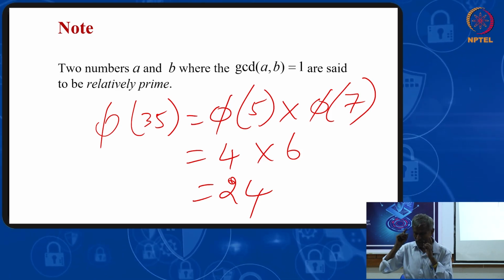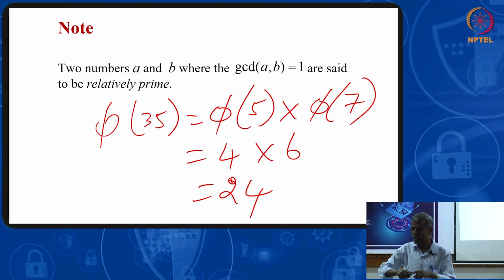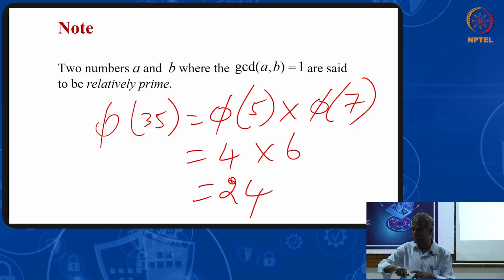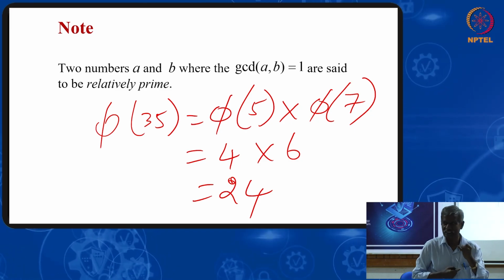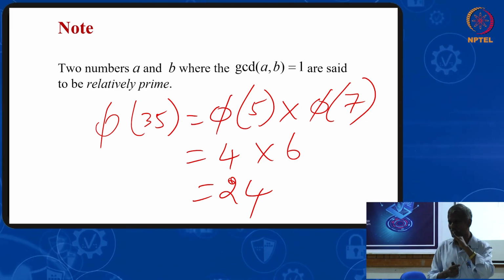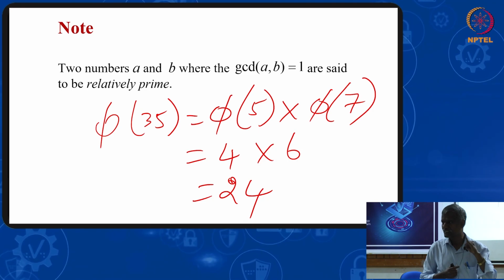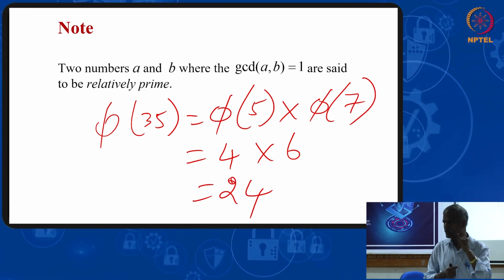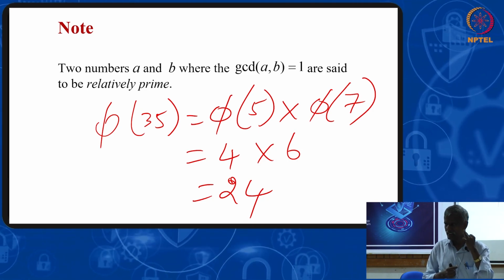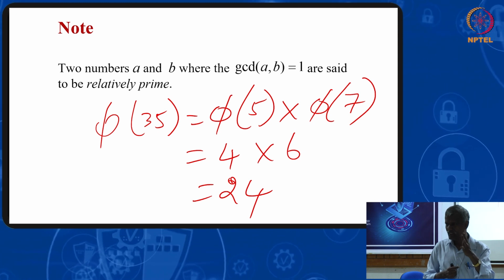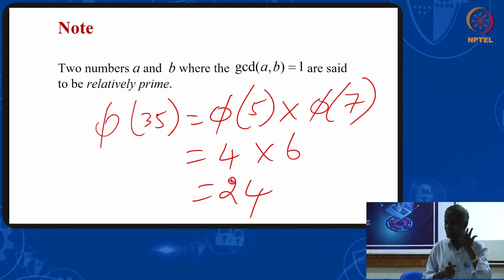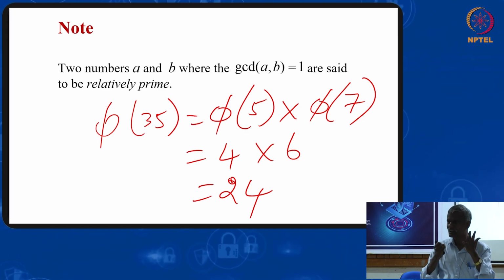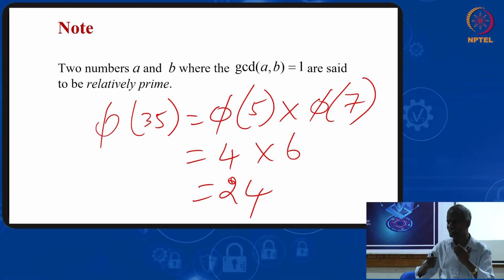So if I count the numbers less than 35 and relatively prime to 35: 1 is relatively prime to 35, yes; 2, yes; 3, yes; 4, yes; 5, no; 6, yes; 7, no. Like that, if you are counting, there are 24 numbers.